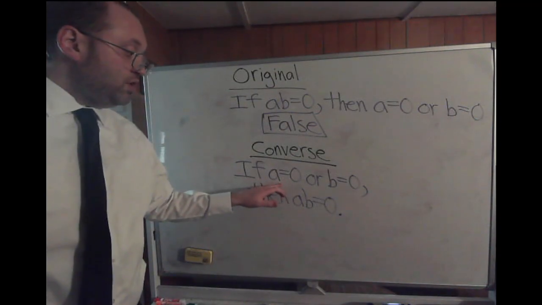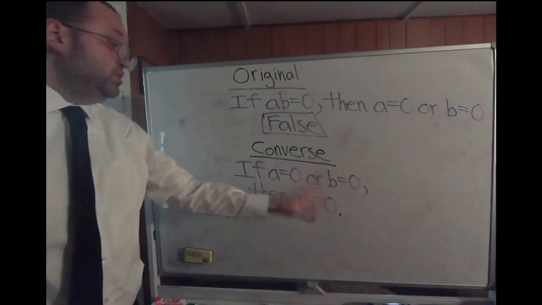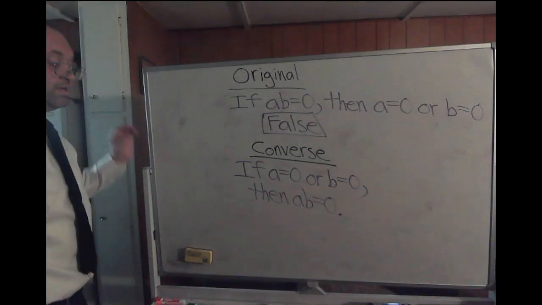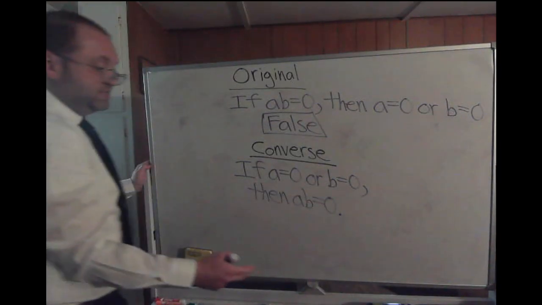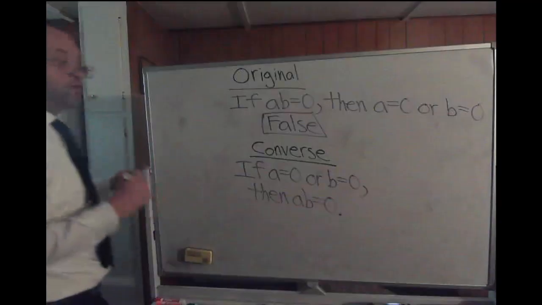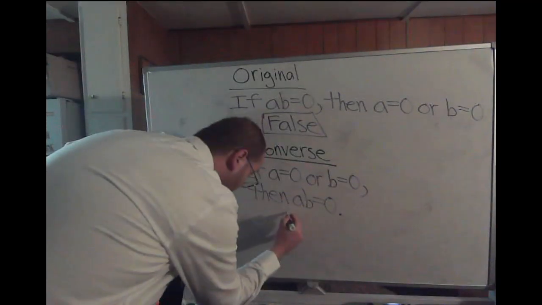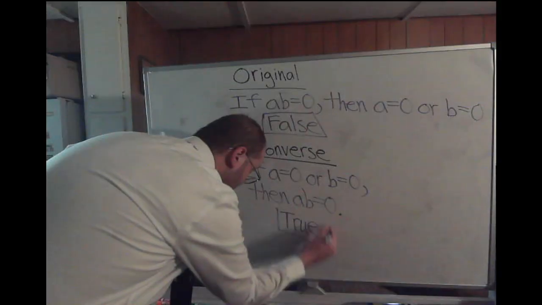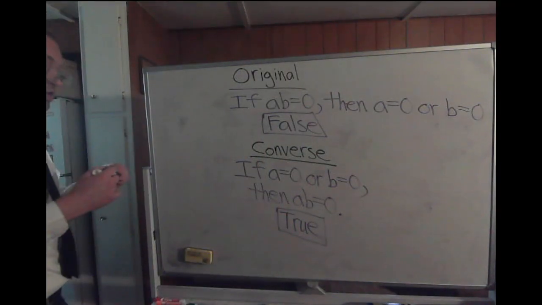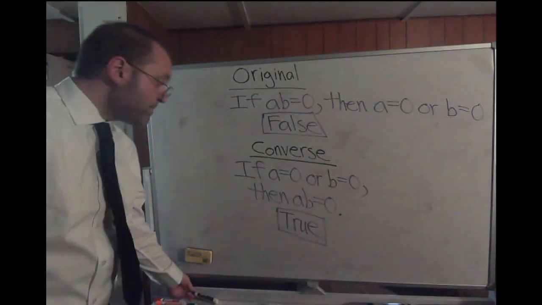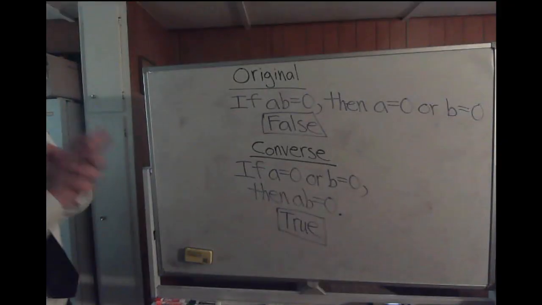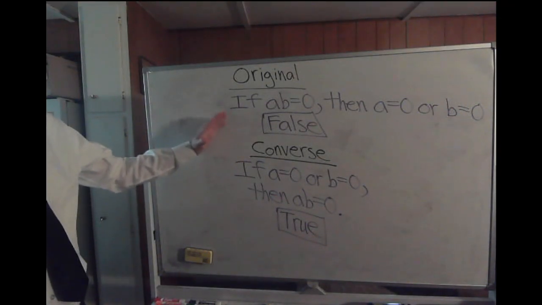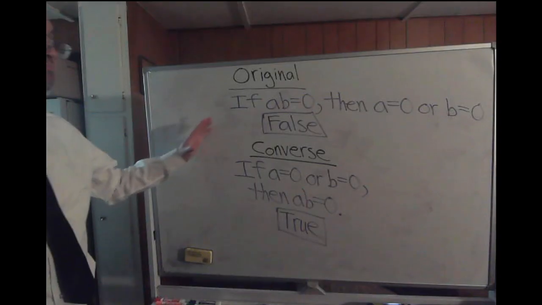If you take 0 times anything, you'll get 0. That's absolutely true. That's saying if one of these is equal to 0, then the product equals 0. In this case, that's absolutely true. So the original is false, the converse is actually true. So again, really analyzing the problem. You don't want to overanalyze the problem, but you want to figure out what it's asking you.